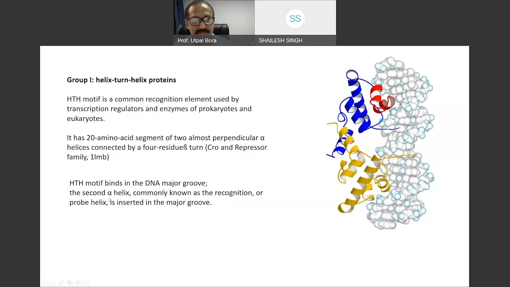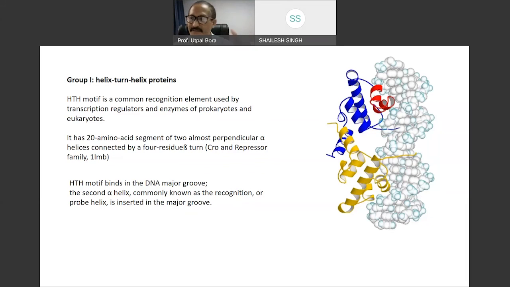And this HTH motif binds in the DNA major groove. So in the beginning, I was highlighting the DNA topology, how the major groove and the minor groove arise. Okay, if you remember it. So starting from that point up to this point, and also the topology of A DNA, B DNA, and Z DNA, you can well appreciate the importance of these groups over here.